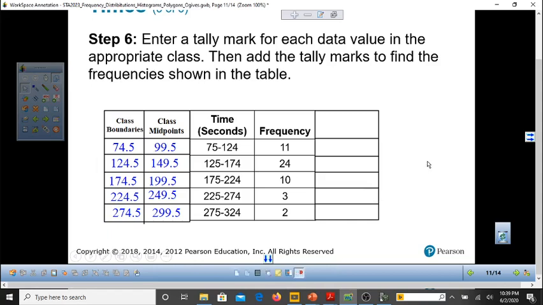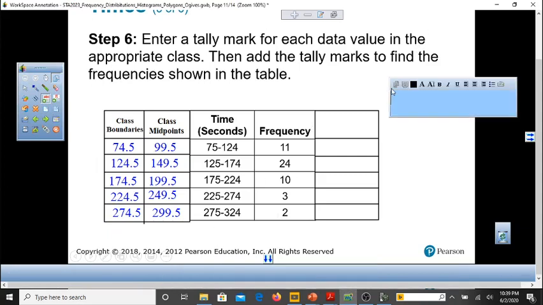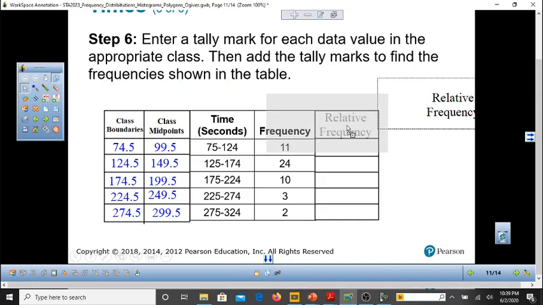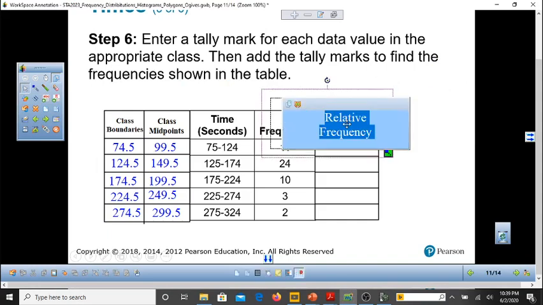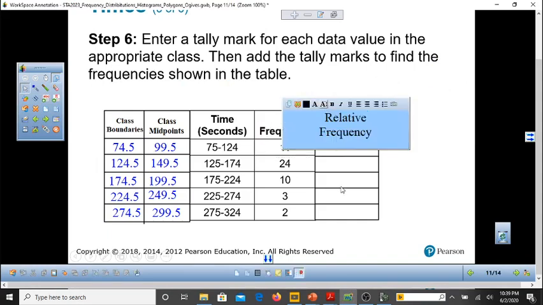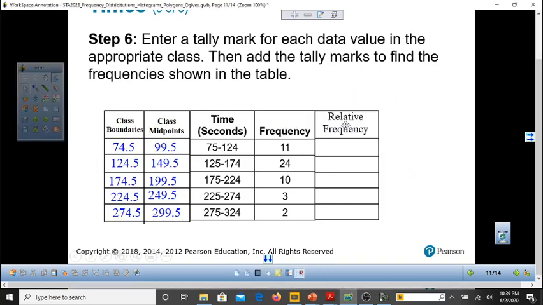So I'm going to put my heading here, relative frequency. It's a little big, but it will work fine. And then we're going to put in our relative frequency.